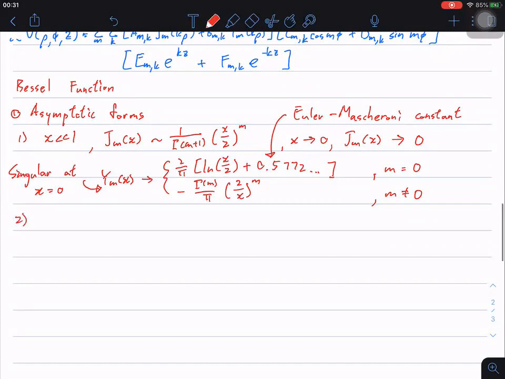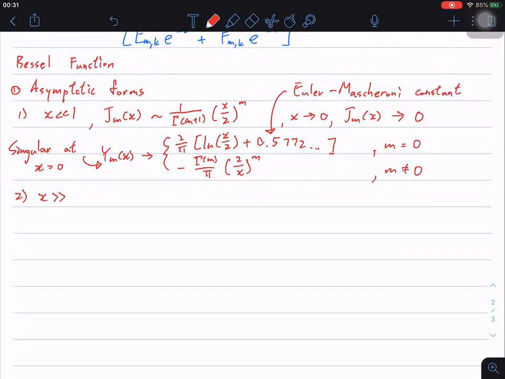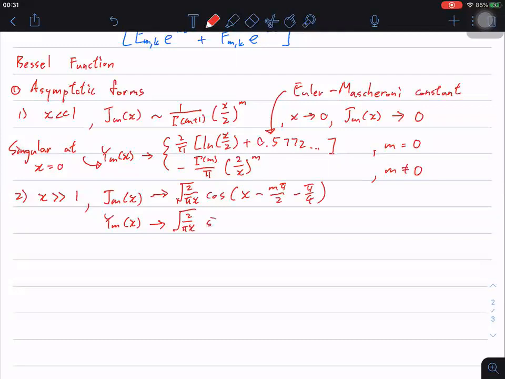And for the second one, for very large x, both Jm and Ym behave like an oscillation with damped amplitude. Jm behaves like a cosine with a damping amplitude, and Ym behaves like a sine.